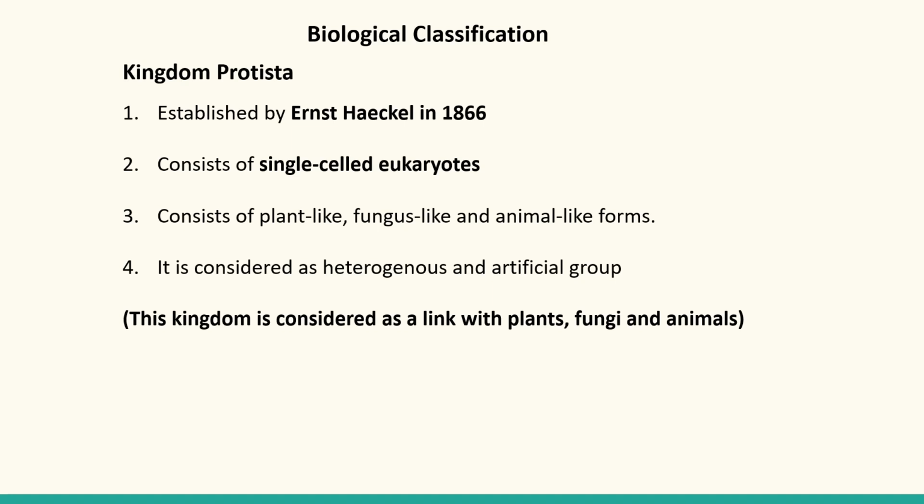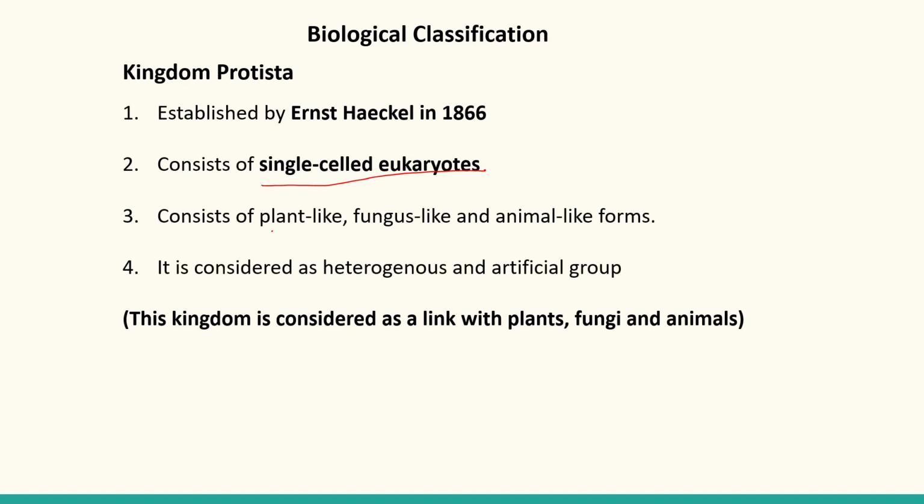So this kingdom was established by Ernest Haeckel in 1866, and it constitutes the single cell eukaryotes. Now this is very important: this kingdom includes single cell eukaryotic cells. It contains plant-like, fungus-like and animal-like forms.